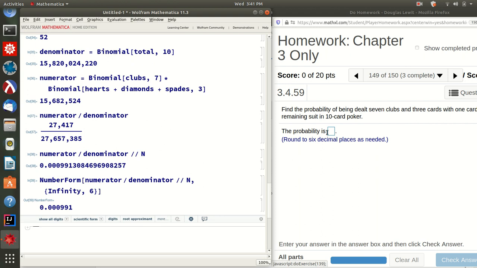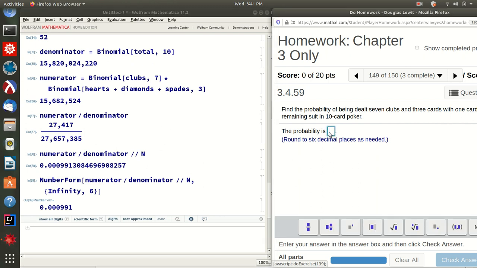My answer is 0.000991. So that's a really small probability.